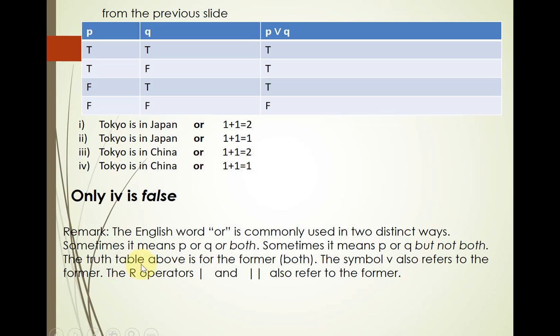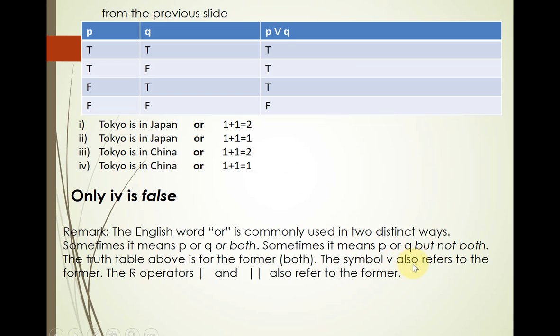So the truth table above is for the former, for the case of both. So if both are true, we still say that it's true. But in English, if I say P or Q, I may mean that this one is not true. So you just have to be aware of the English meaning of that. Other languages may not have this issue.